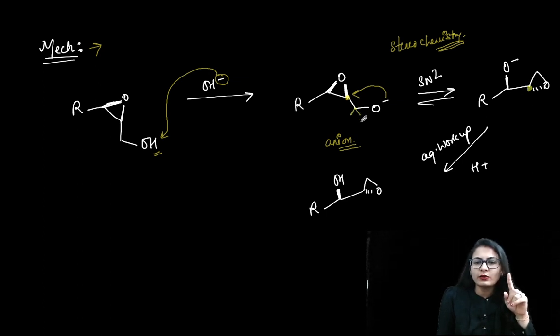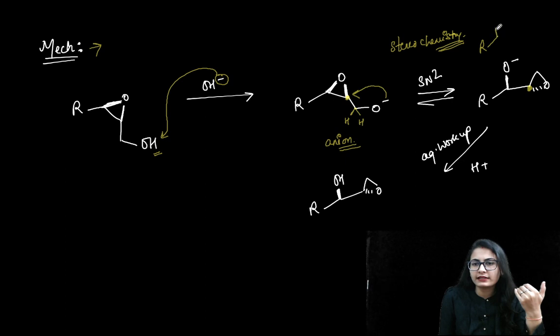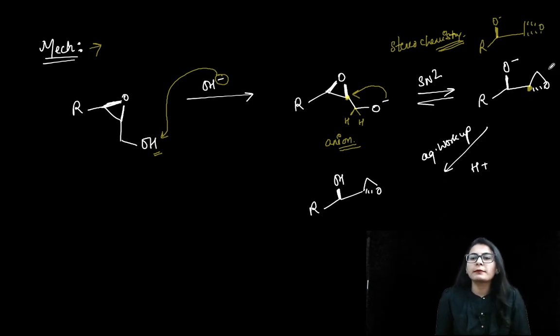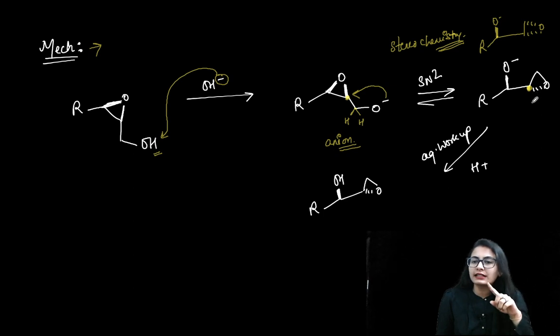And also, guys, in any standard book, why is it not written like this, with the O minus above the plane? Or even if you write it like this, it's completely fine, because one of the carbons, this carbon over here, is a chiral carbon.